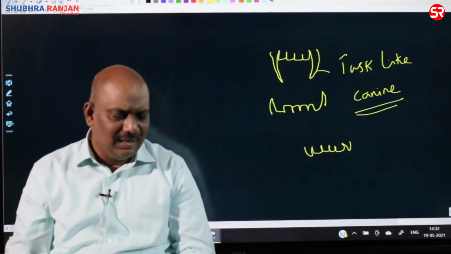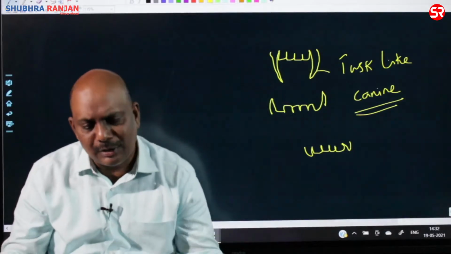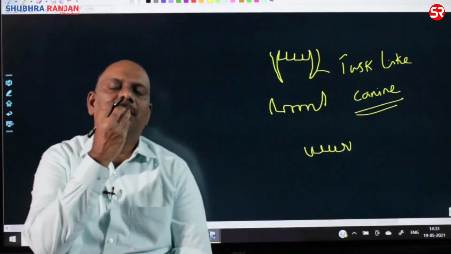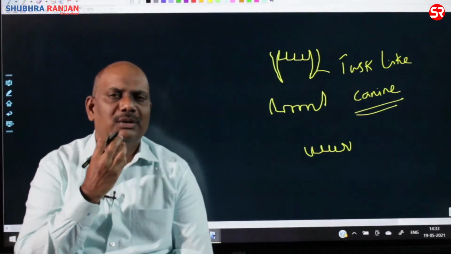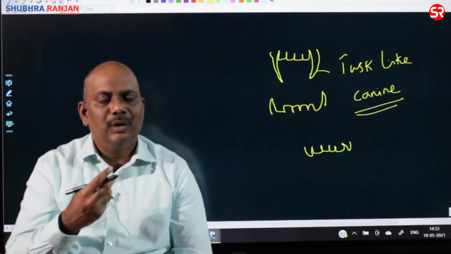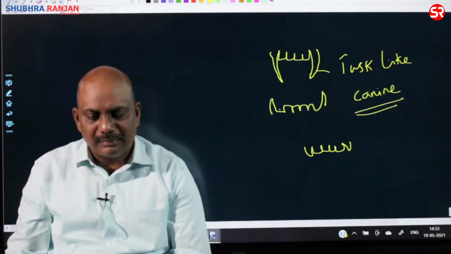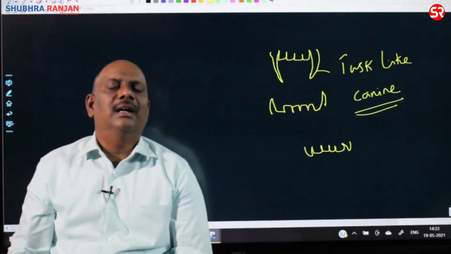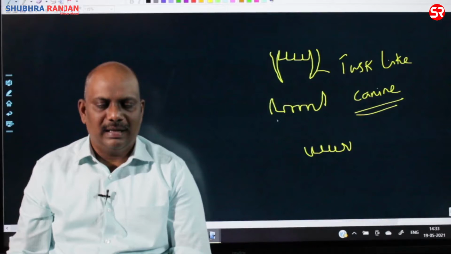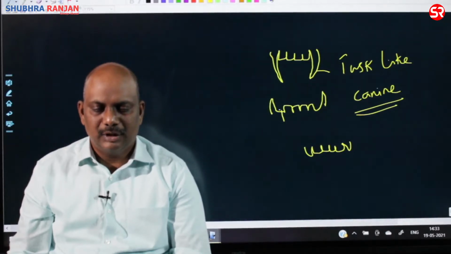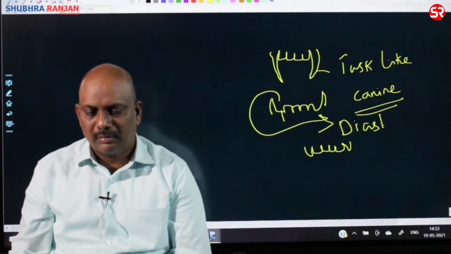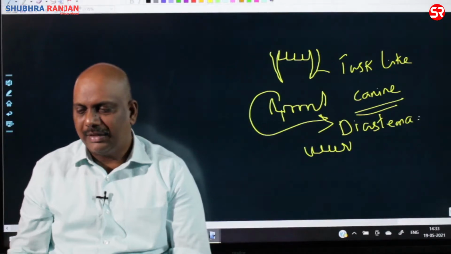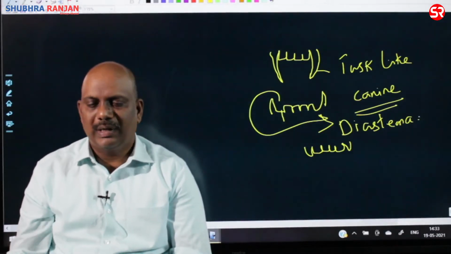When canines used to be large, they cannot keep the mouth open for a long time. They need to close it. Once they close it, they need to lock the teeth. So there will be some opening here between the canines and the incisors, which is called diastema.